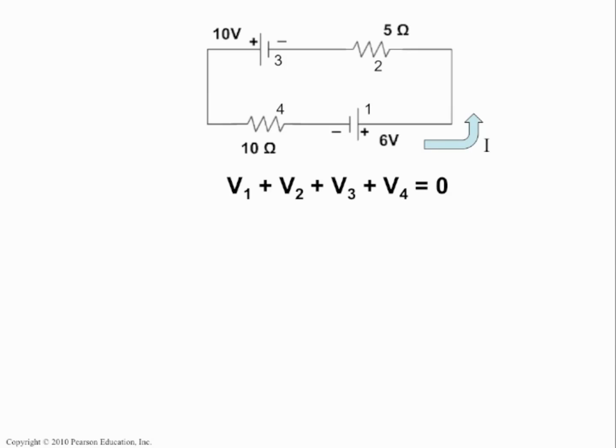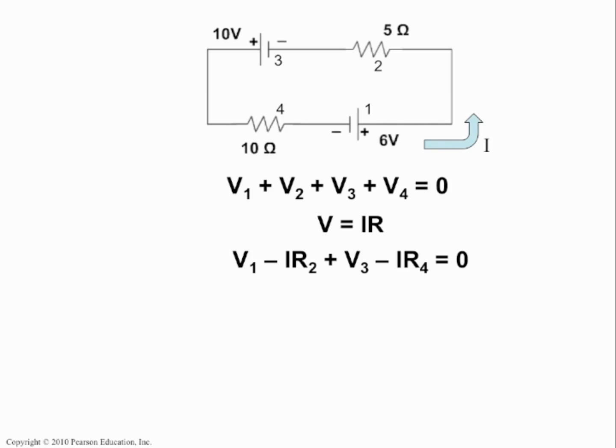And so if we go around the loop counterclockwise, we should end up with 0. And so let's use Ohm's law, V equals IR, to express the current that goes through the resistors. And so we'll set it up this way. We have V1, which is our 6-volt battery, minus IR2 for resistor number 2, plus V3, which is our 10-volt battery, minus IR4, which is resistor number 4.